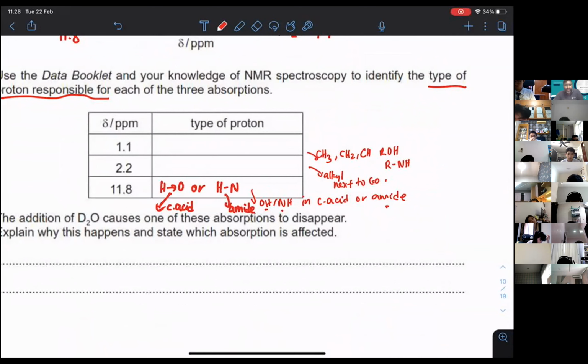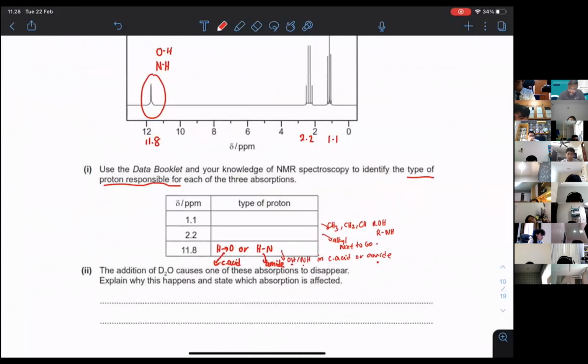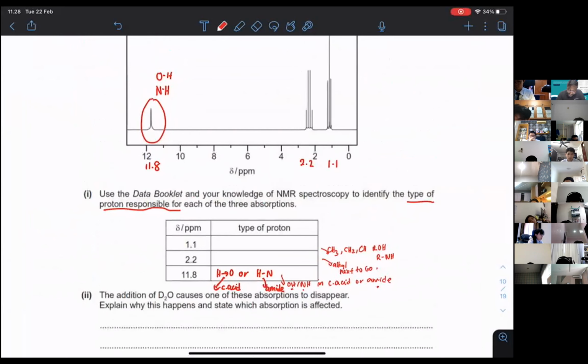And then for 2.2, I do see that they have a total splitting of 4, so there are 3 hydrogens in the neighboring position. So that is going to be 4.